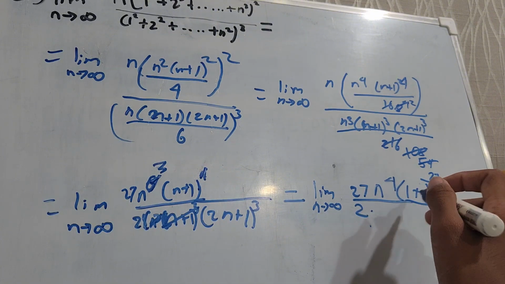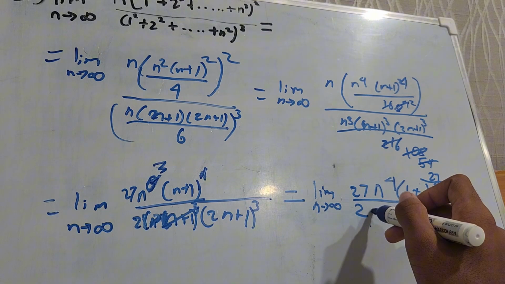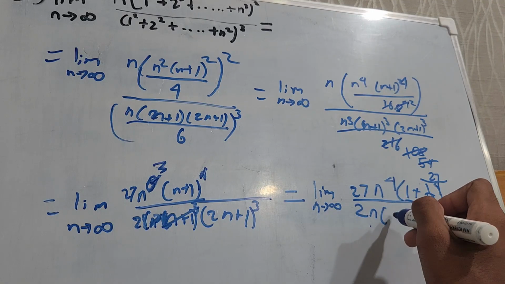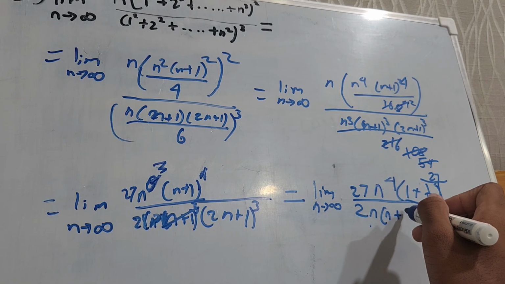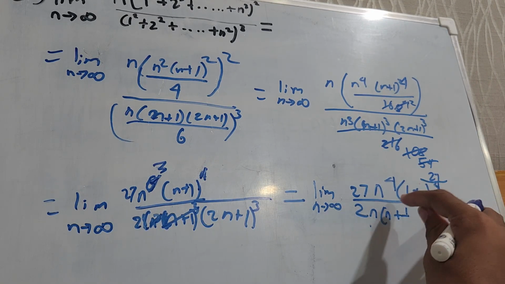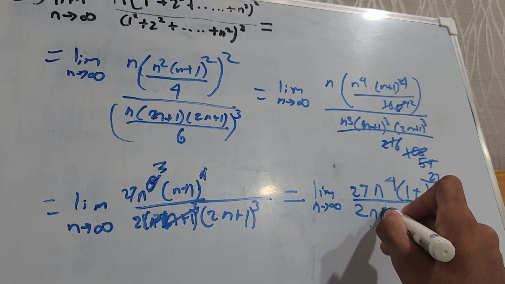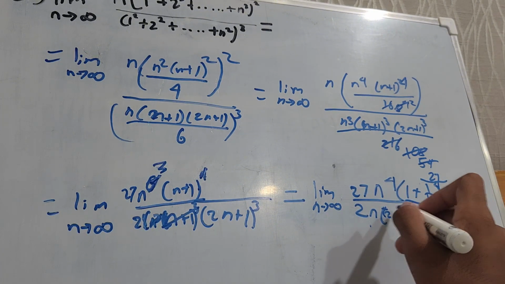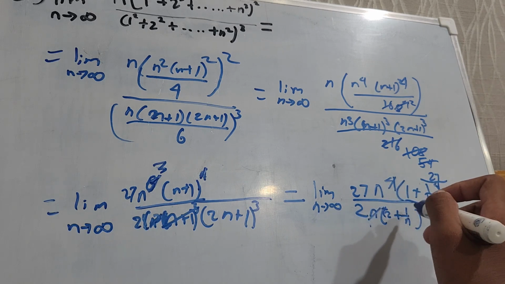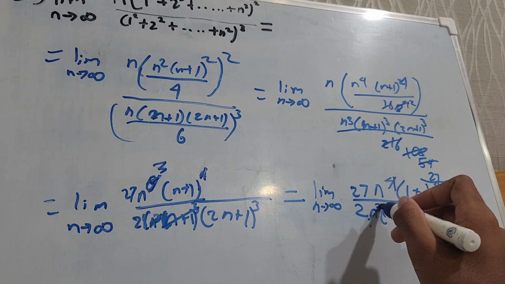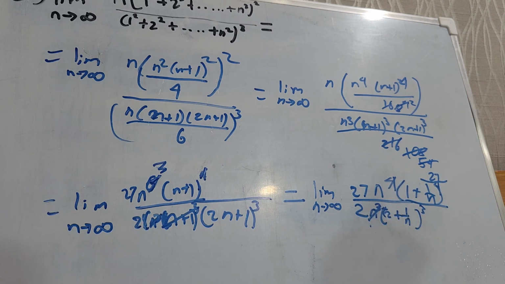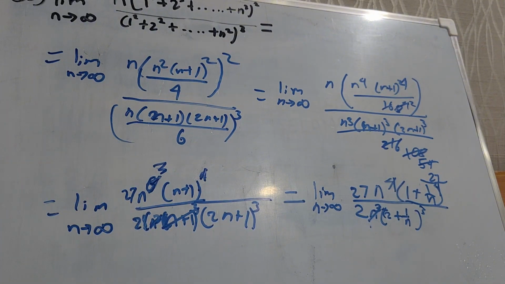Yes, 4, 2 into n common, 2 plus 1 by n whole cube. These two cancel. No, it's the cube, right? Cube, and then this cancels.